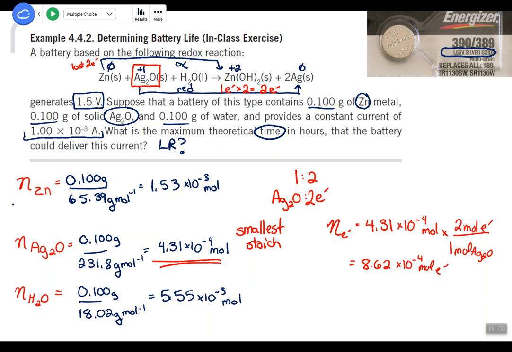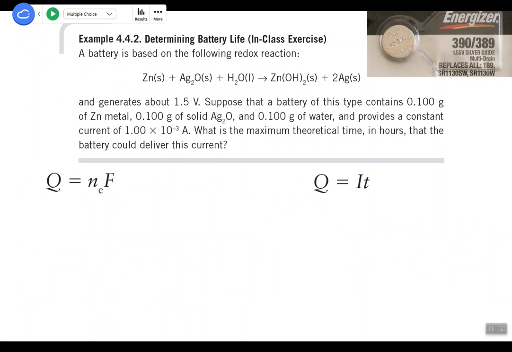Great, we now have the number of moles of electrons. I can pull out my 2 charge equations, the one that takes me from electrons to charge, and then from charge, using current, I can find time. So I'm going to jump to a new slide to make sure I have enough space.